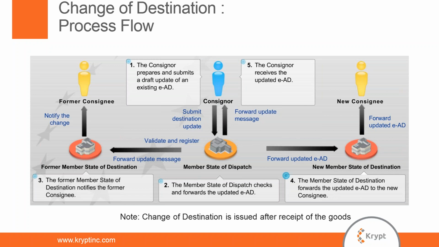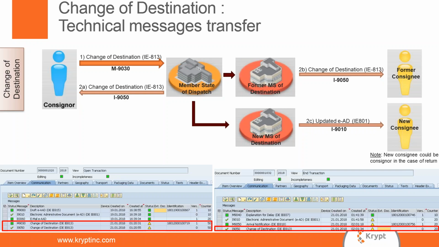So there is some exchange of messages happening in this whole process, where the new consignee and the former consignee receive the updated electronic administrative document together. So here again, it shows how these messages are handled by SAP GTS.